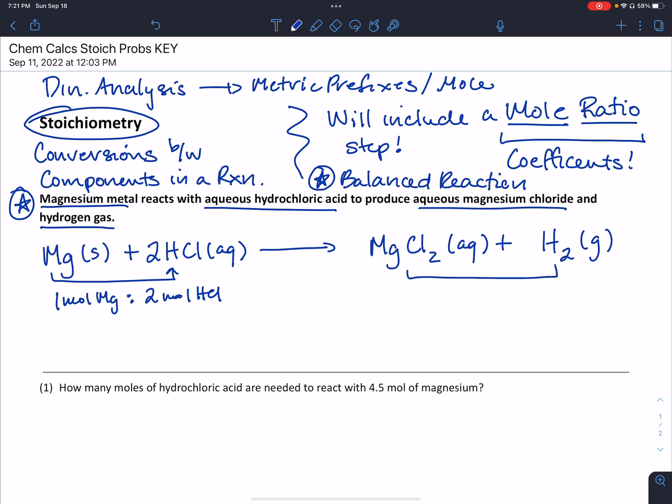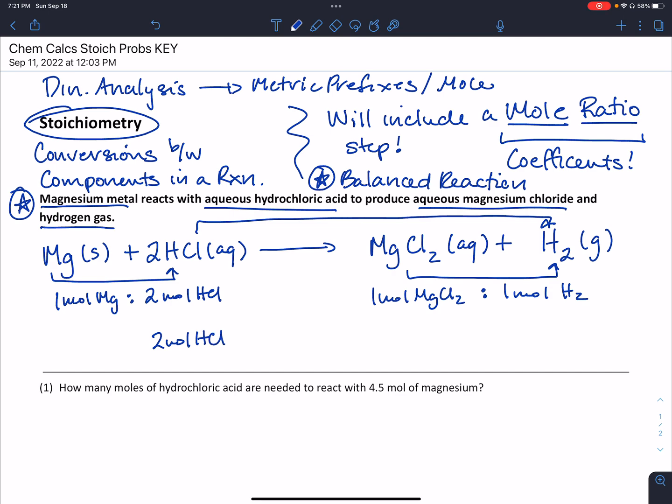I can do the same thing over on the product side. For every 1 mole of MgCl2 produced, I will also be producing 1 mole of H2. Then I can do some additional ones. I can look at HCl versus hydrogen gas, for example. In that case, for every 2 moles of HCl that react, I will produce 1 mole of hydrogen gas.